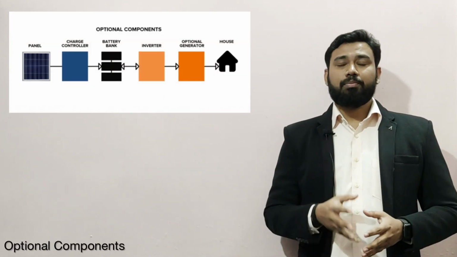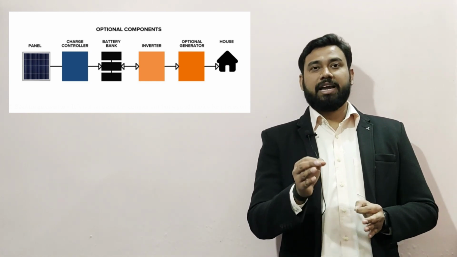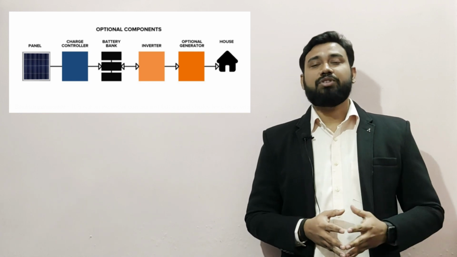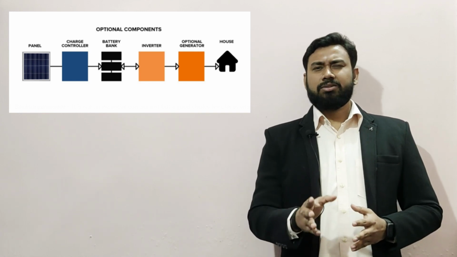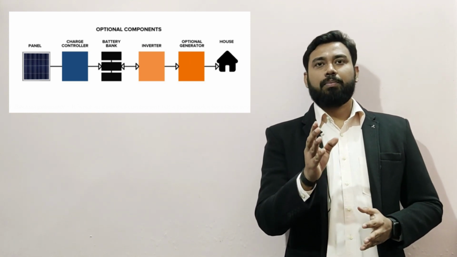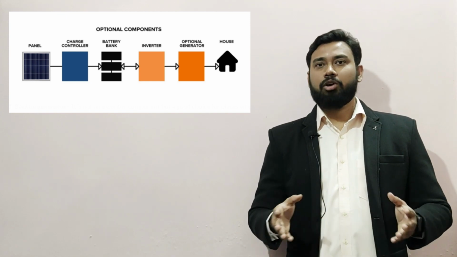Some other optional components are also there. These optional components may be added to the system as per the design requirement. First is the backup generator. It is not an essential component, but a good choice for places where continuous power supply is a must, like hospitals.